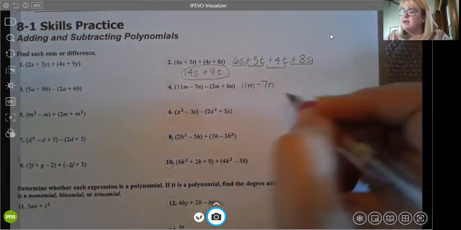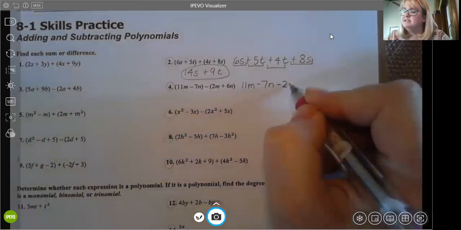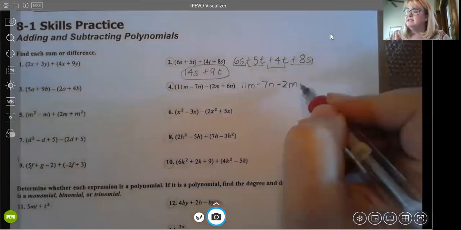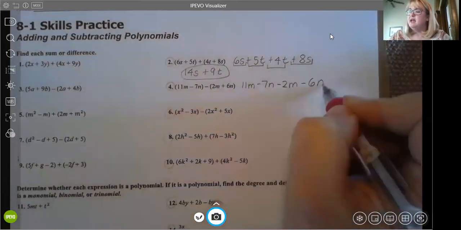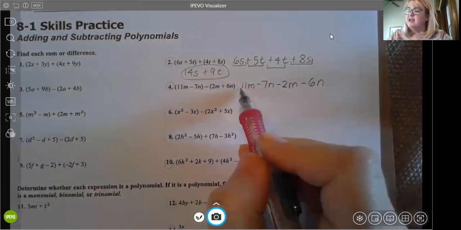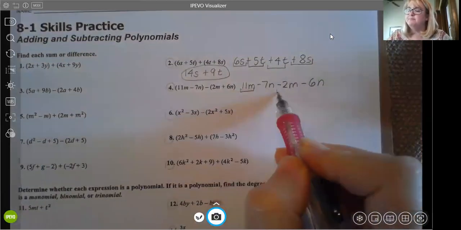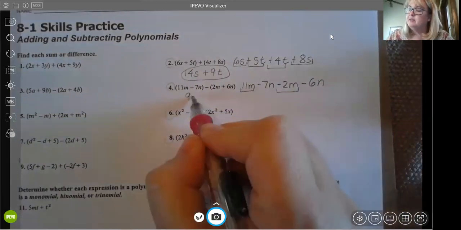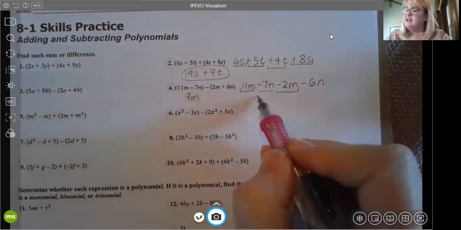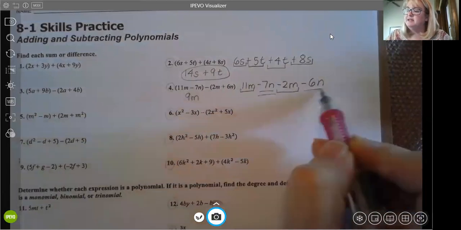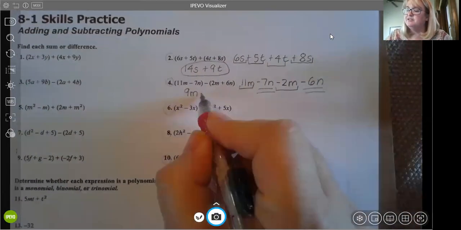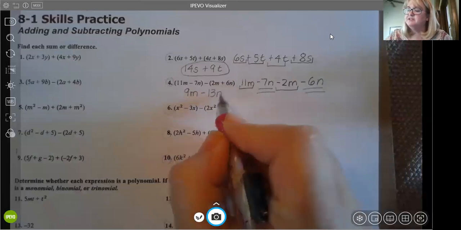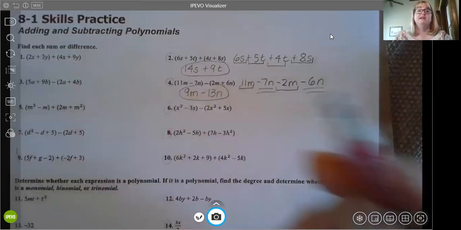So it would be minus 2m, and instead of plus 6n, minus 6n. And combine like terms. 11m minus 2m is 9m. Negative 7n minus 6n is negative 13n. So there's our answer for number 4.